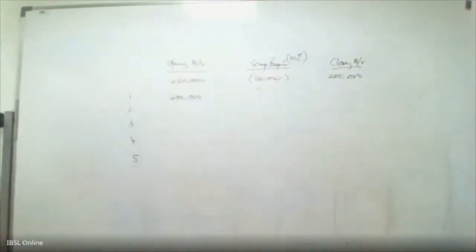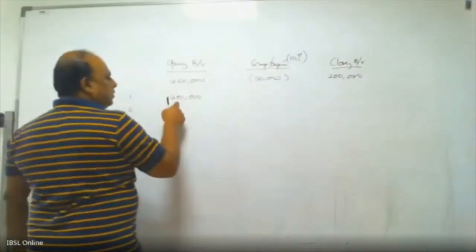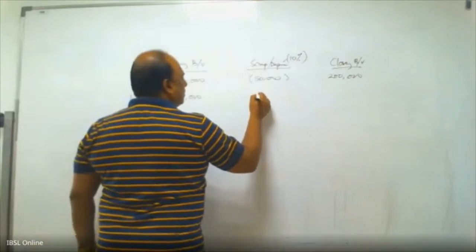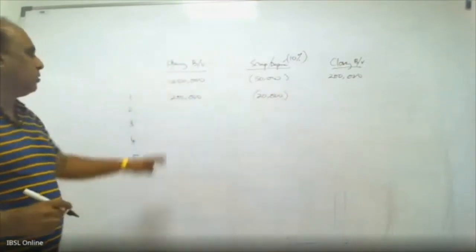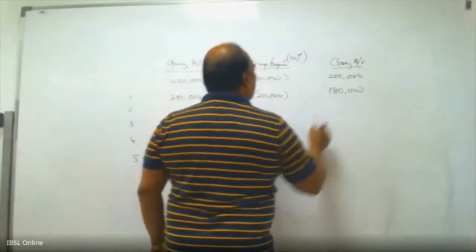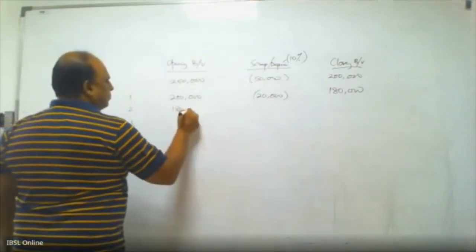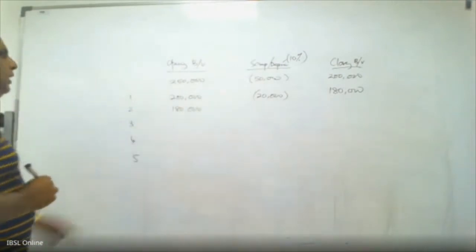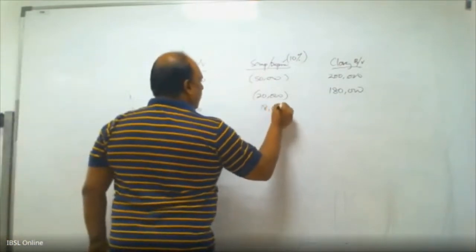So when you depreciate at 10%, what will happen? 200,000 at 10% is 20,000. So 200 minus 20 is 180. At the end of the first year, it will be 180. Then 180 at 10%, 18,000.